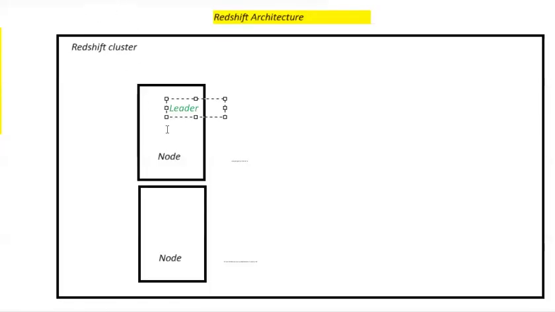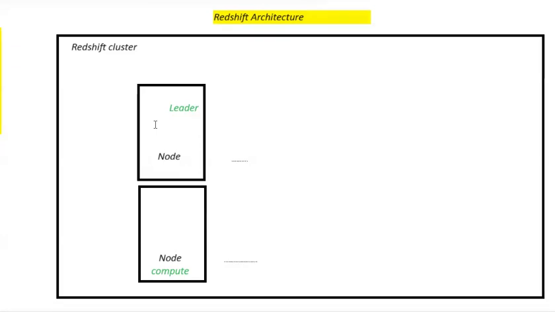This cluster contains either one leader node or multiple leader nodes, and it also contains compute nodes. Let's say this is my compute node, the above one is the leader node and the below one is the compute node. So like this, a cluster may contain multiple leader nodes and multiple compute nodes.